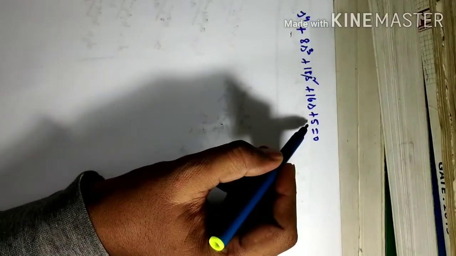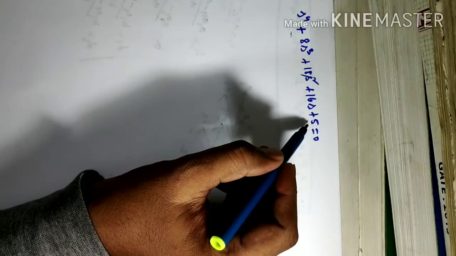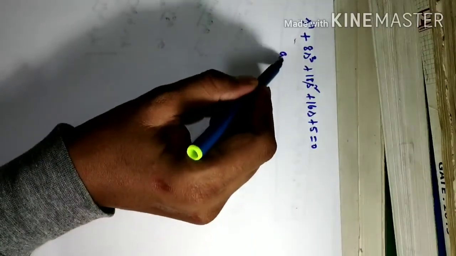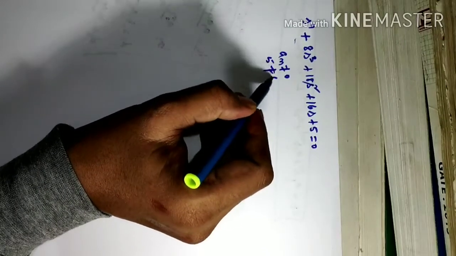Through this example, I am going to explain the sufficient condition. You first check that an is not equal to 0, which means 5 is not equal to 0.